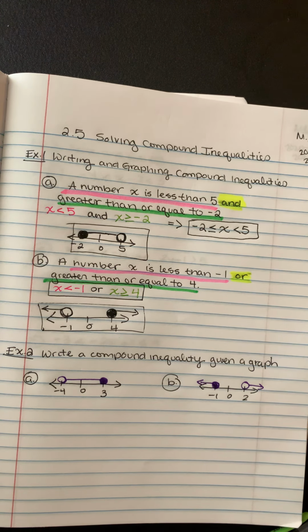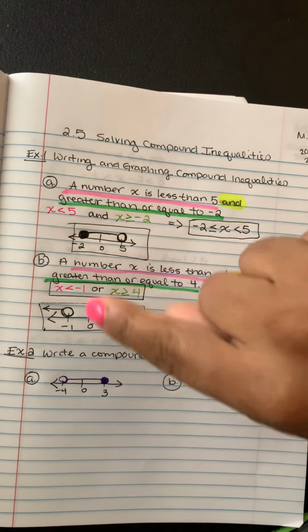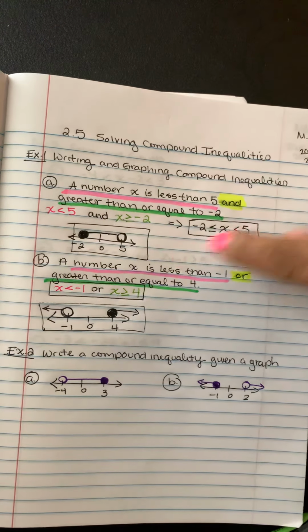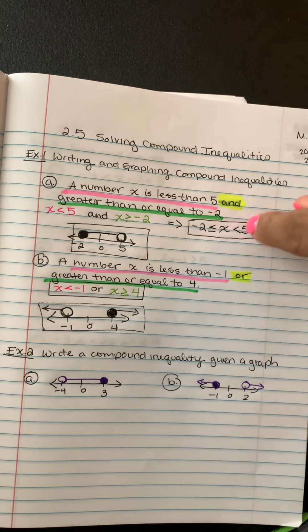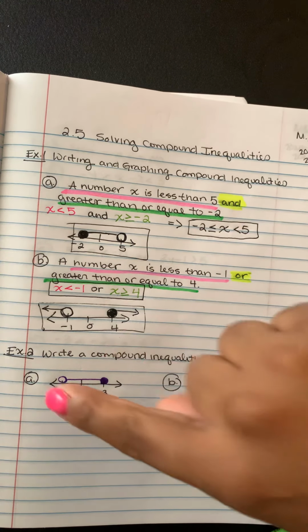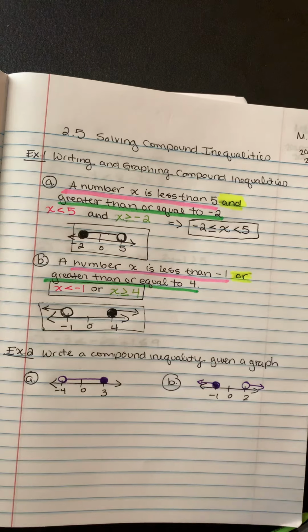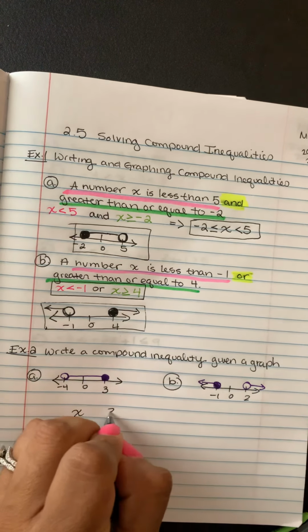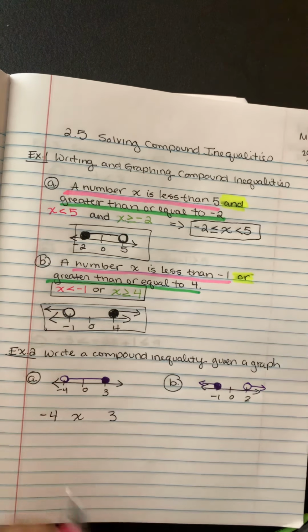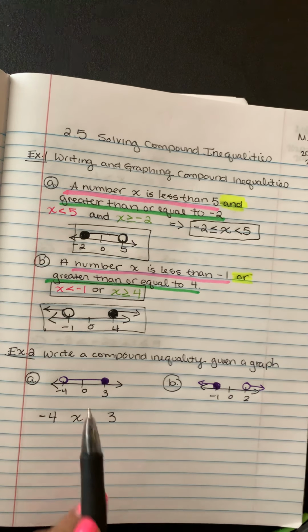So we're going to do the opposite. They give us a graph, and we have to write it out. We're doing the opposite of what we did here. So here's an and. It's connected. X is in the middle. Remember, we're going to start with the largest number to the right. X is going to be in the middle when we're writing. We have the largest number, which is 3. Smallest number is -4. And we know it's to the left, so less than.